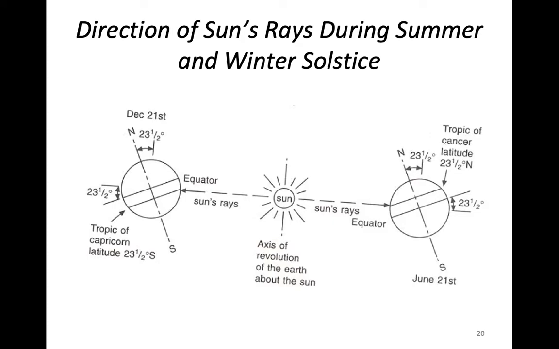So in the month of June and onwards, there is summer in the northern hemisphere and winters in the southern hemisphere. Similarly, during December month, the northern hemisphere of the world gets winter, whereas in the southern hemisphere the season is summer.